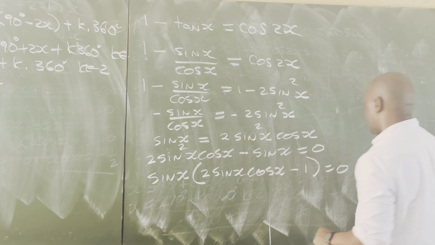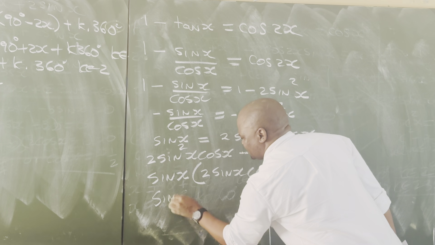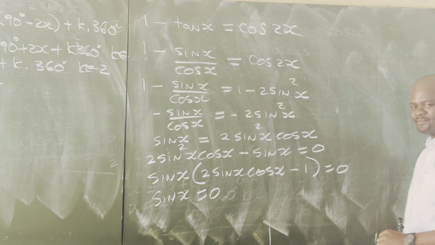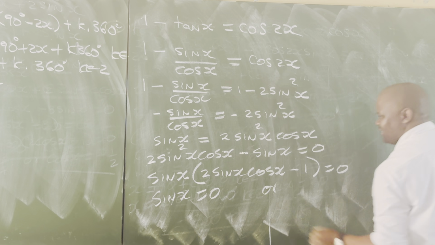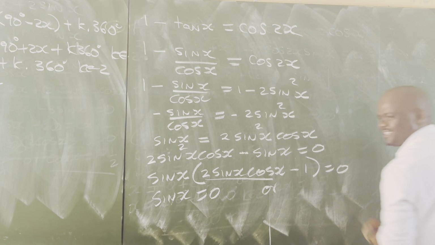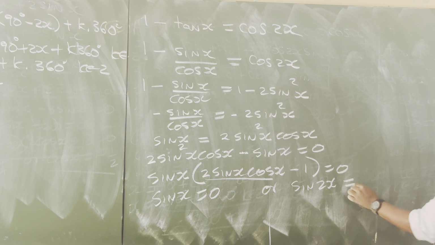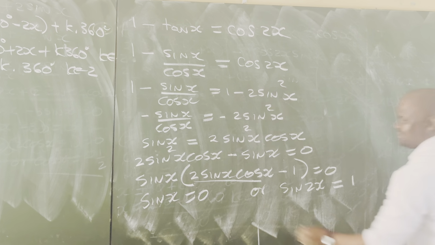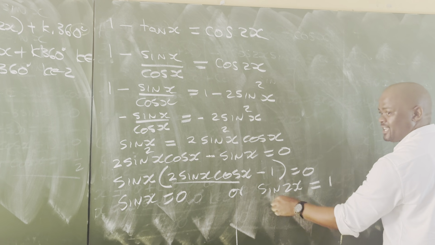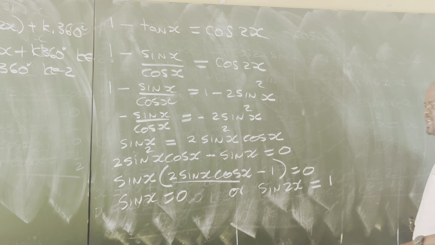Then we apply the 0 law. So we have sine x equals to 0, or what is this? Sine 2x. Sine 2x equals to 1. These two will go with the double identity. Then we'll take 1 to the other side.